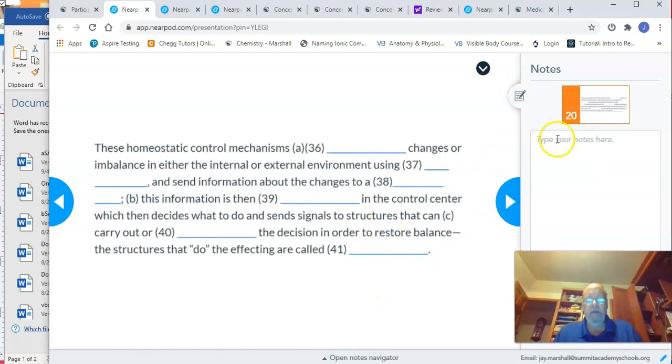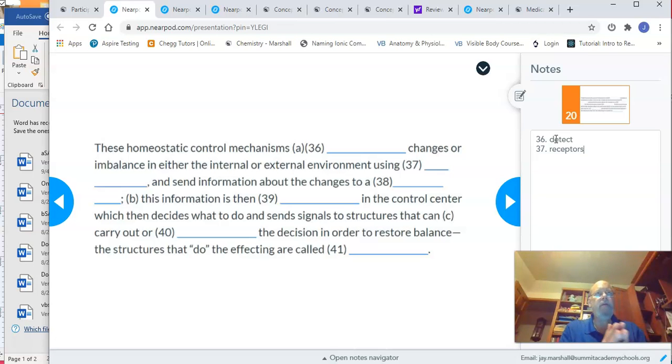Okay, so these homeostatic control mechanisms, first thing they do, in order to be able to respond to something, I have to be able to detect it, right? So the homeostatic control mechanism detects changes or imbalance either in the internal or external environment using receptors. Okay, I receive that information with a receptor.